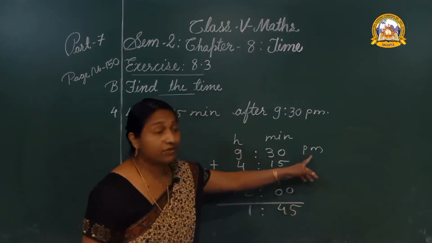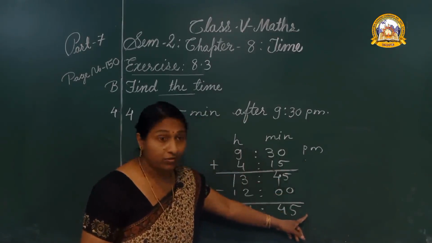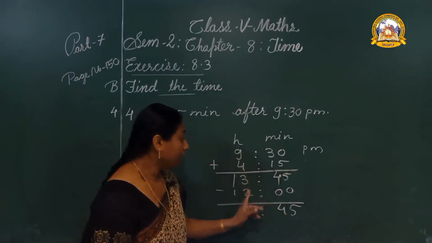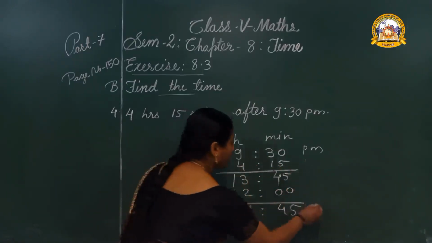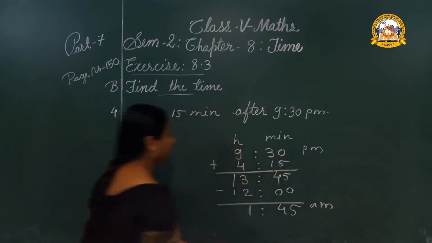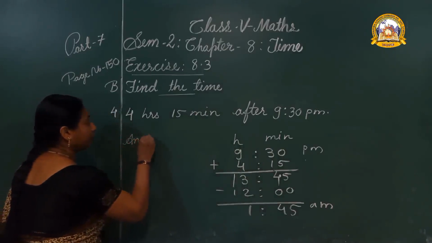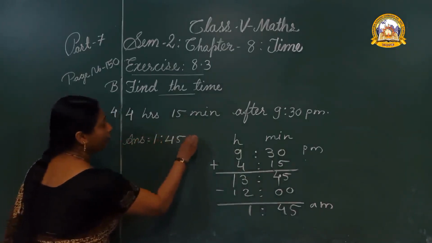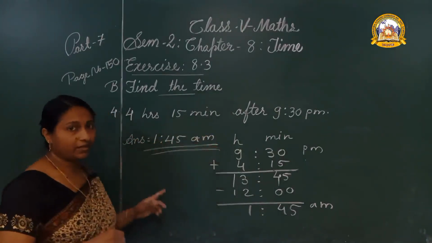Here it was PM, so after 12 hours it was PM. When we subtract 12 hours that will become AM. Then answer is equal to 1:45 AM. Okay, it is the answer.